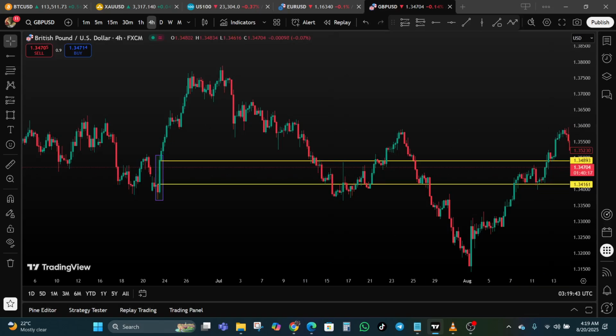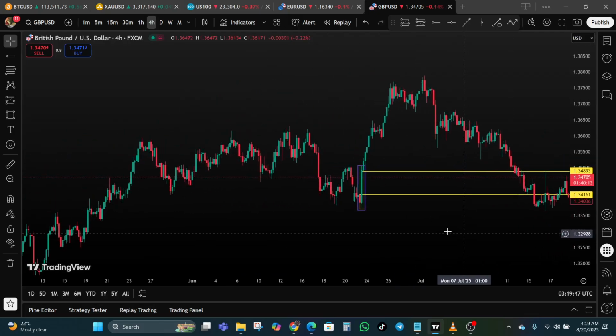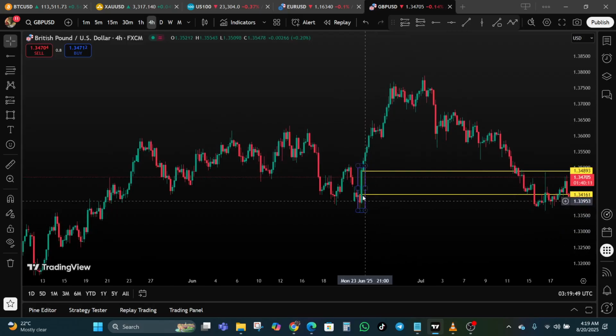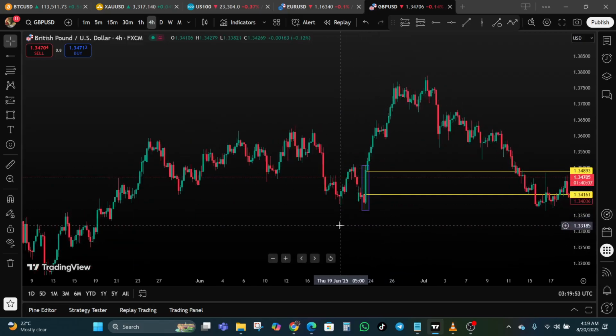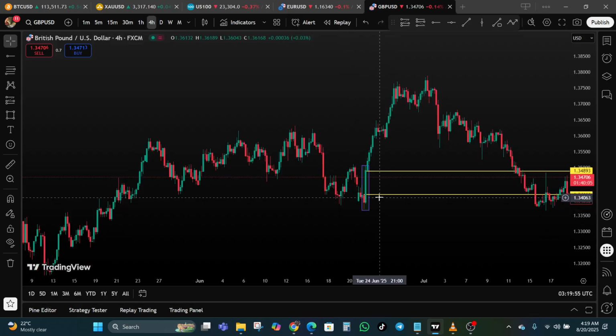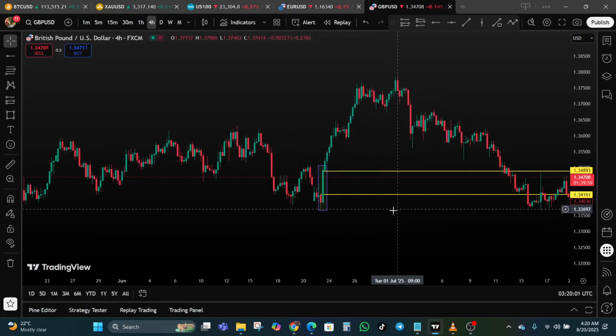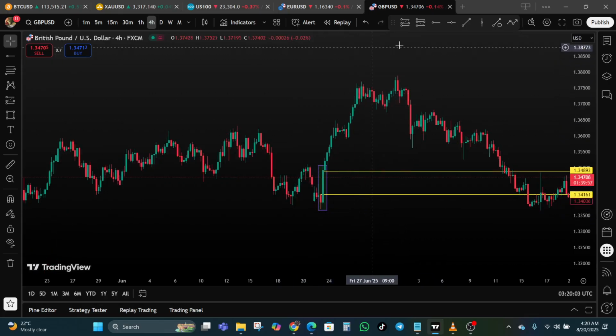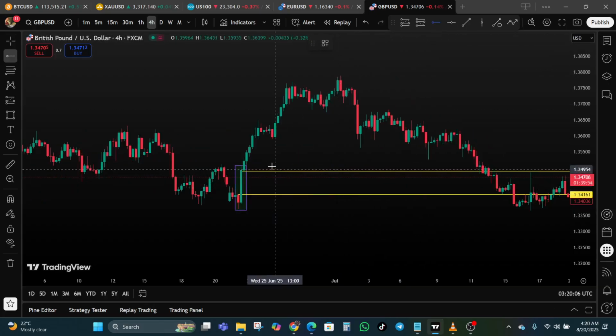Now let us walk through how to identify them on your chart. The first step is to look for impulsive candles, long impulsive candles like this example, with little to no wick coverage in the opposite direction. Then the second step is to mark the start and the end of that candle range.